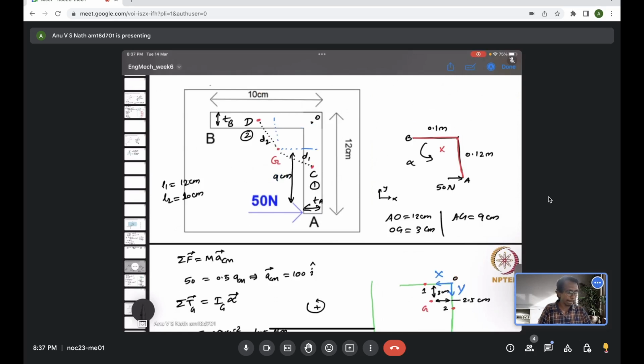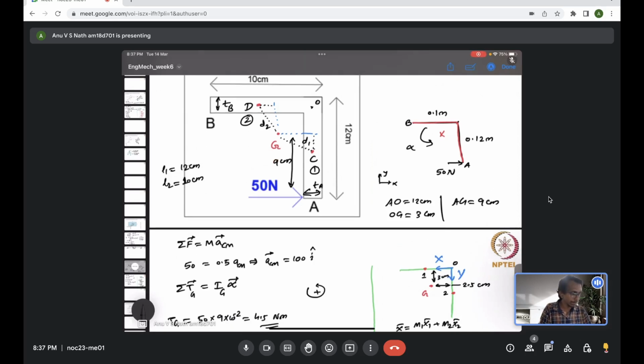Now d1 and d2, the distances, we need to evaluate. We can use the Pythagoras theorem for that. This distance we know, which is 2.5 centimeter. We just evaluate this center of mass.